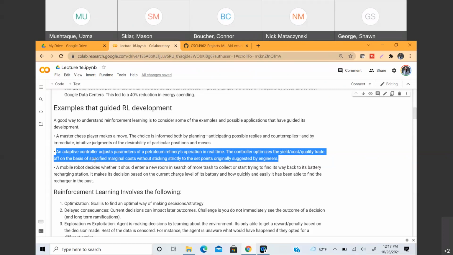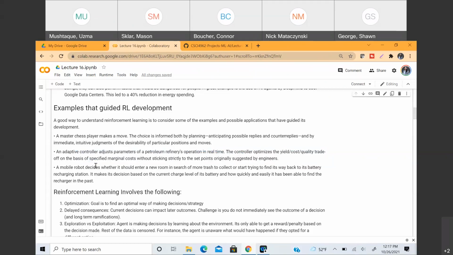So that's one. And then a mobile robot, people have actually implemented reinforcement learning models for robots. So for example, a mobile robot should decide whether it should enter a new room in search of more trash, let's say we're talking about a vacuum robot, or should it go back, find its way back to its battery recharging system because maybe it's getting low on battery, right?